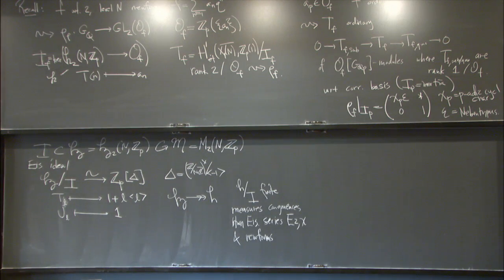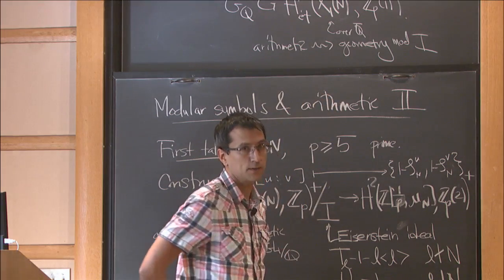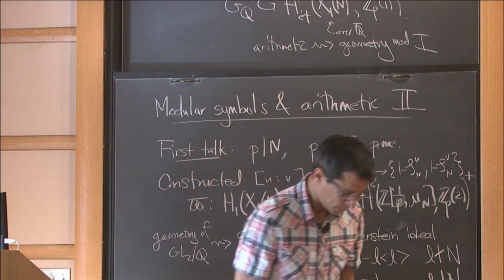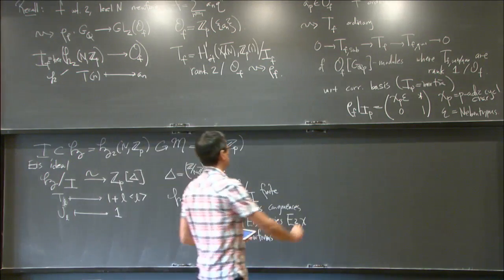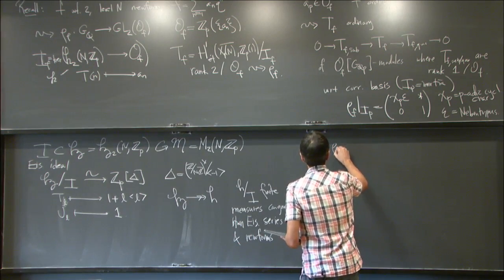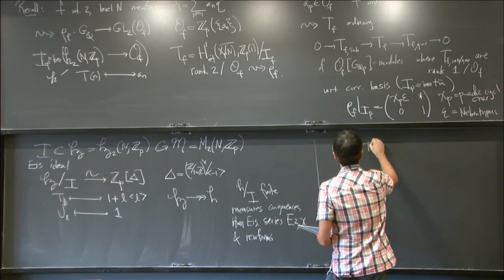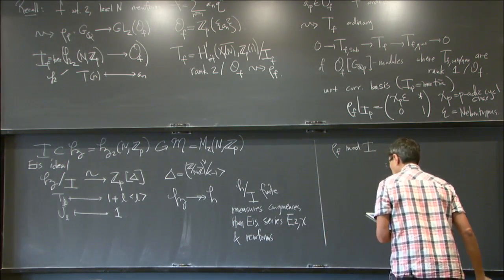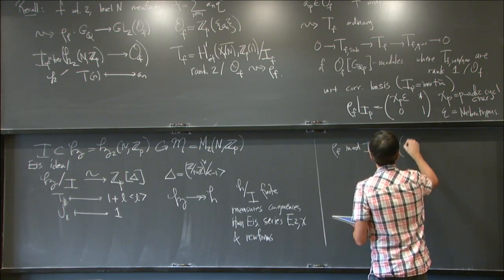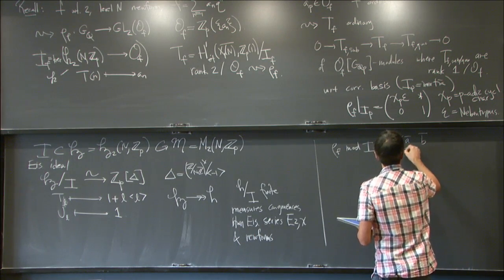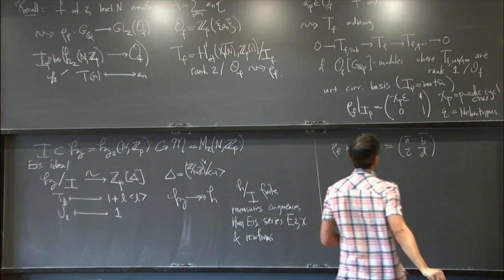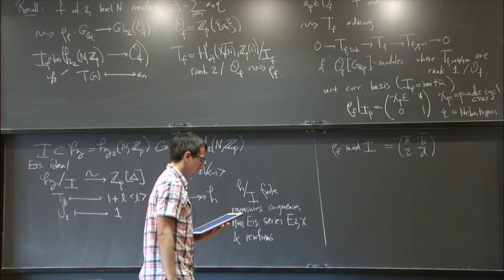So let me explain the idea of how you construct a map like this. And this goes back to Ribet, I guess, in his proof of Herbrand's theorem. So the idea is that rho_F mod I, with our basis that we've already chosen, we might write it as four maps, A bar, B bar, C bar, and D bar.